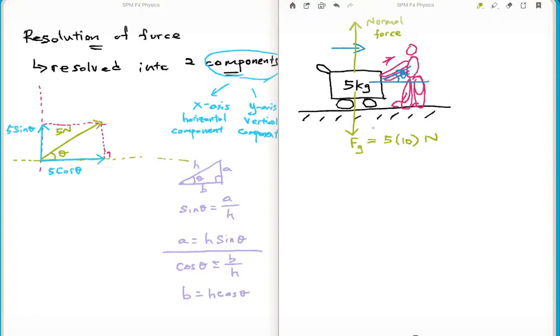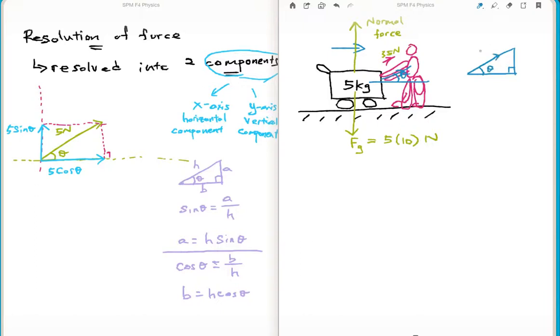Next, we'll have left and right, because it's moving to the right. So if it's moving to the right, the net force would be, well, I need to know, let's say I'm pulling at 35 Newton. What's my vertical component? I'm going to put it into this triangle diagram. This is theta.